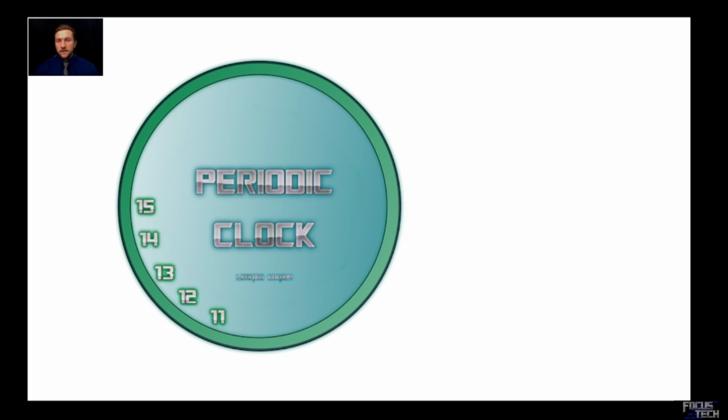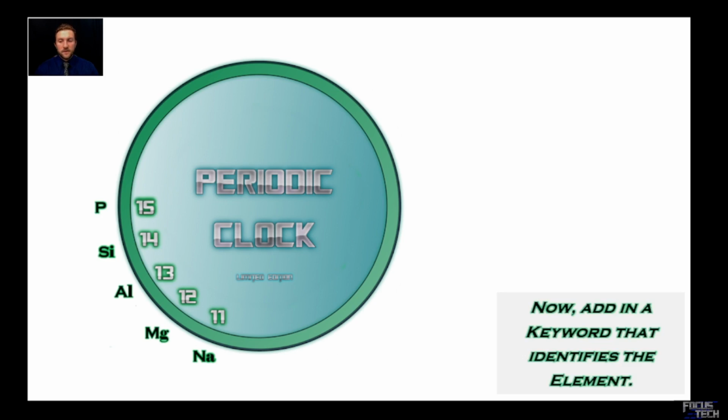Next one, done 11 to 15. So quick recap, 11 was Na, 12 Mg, 13 Al, 14 Si, 15 P for phosphorus. Going back through, adding our keyword, we had salt for sodium, fireworks for magnesium, aircraft for aluminium, a computer chip for silicon, and phosphorus tied to a match.